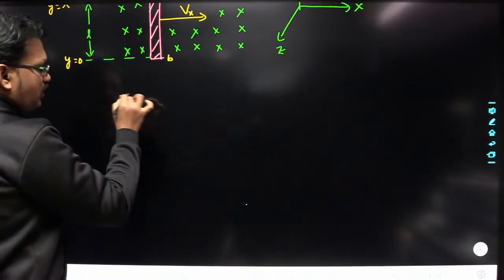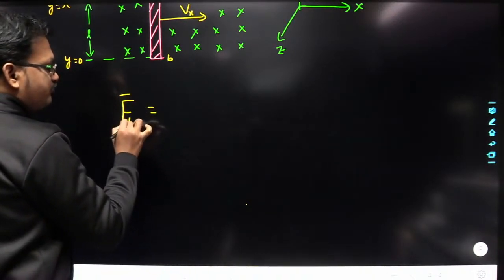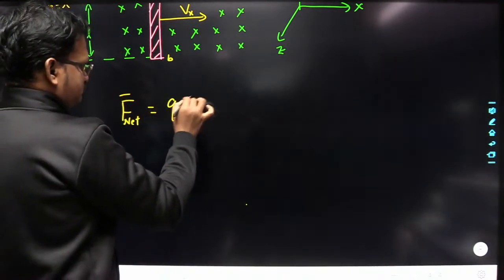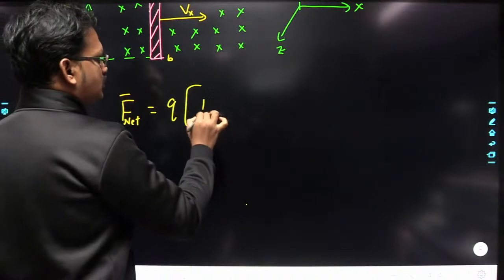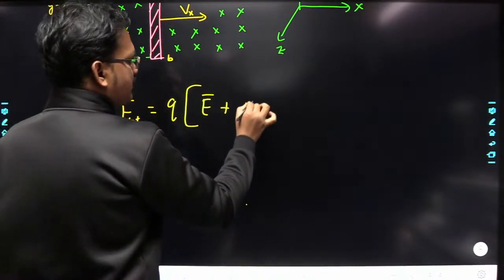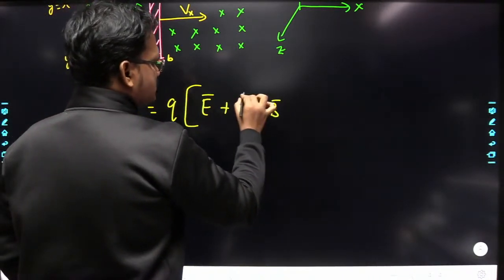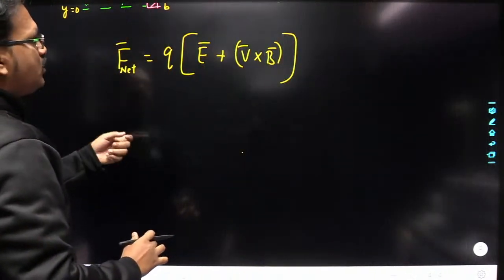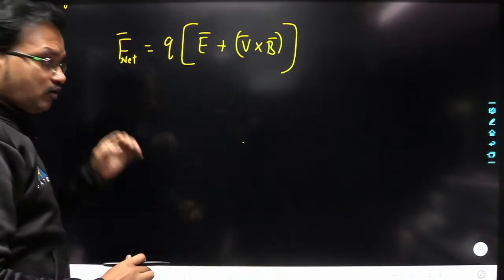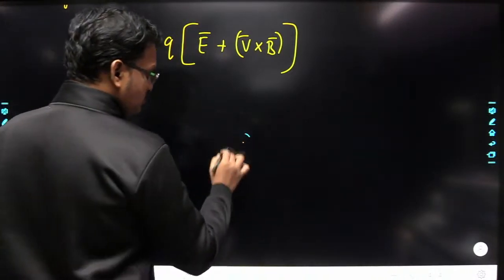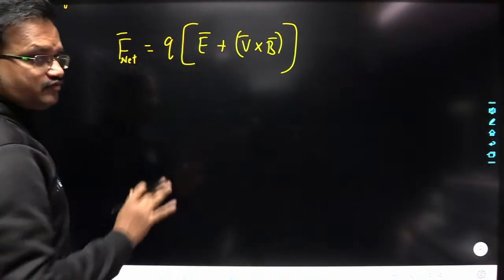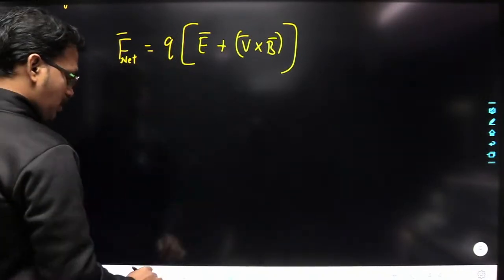F net is equal to Q into E bar plus V bar cross B bar. Forget whatever I have told previously. Just consider the Lorentz force whenever you have both electric field and magnetic field. So this is the Lorentz force here.